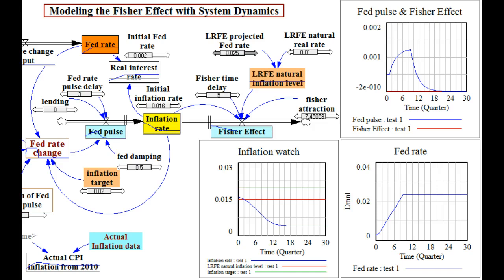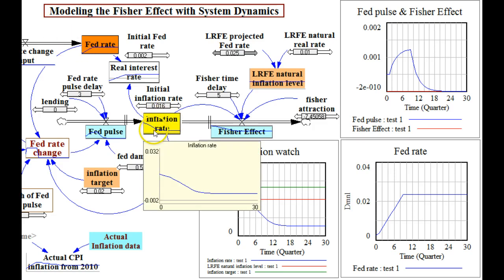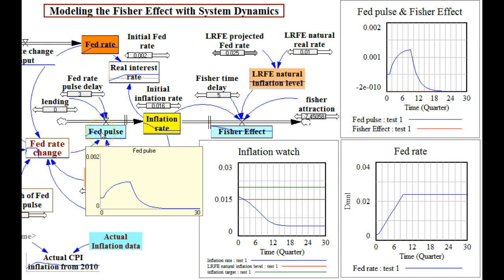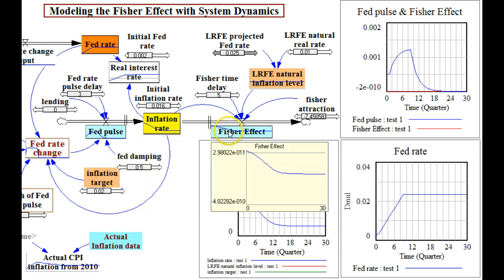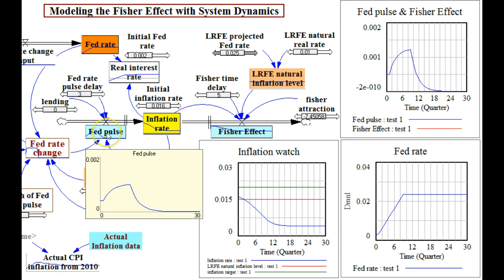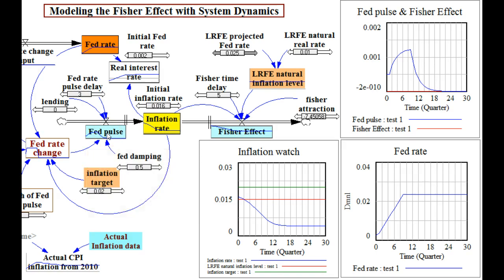Okay, so this is a system dynamics model where the inflation rate is impacted by changes in the Fed rate and also changes in the Fisher effect. The Fed pulse is just once the Fed changes their Fed rate, that creates a short-term reaction on the inflation rate.